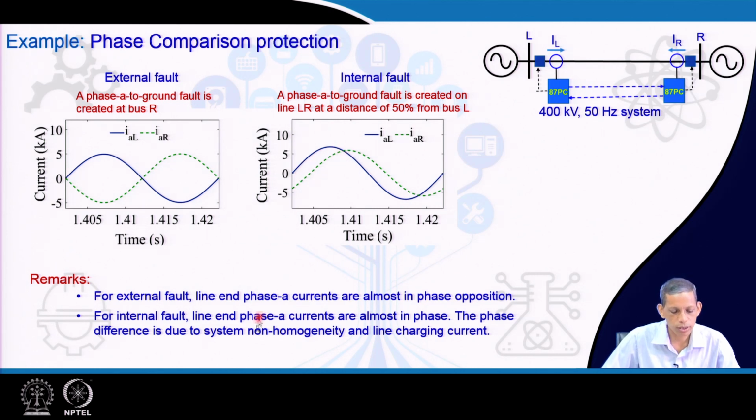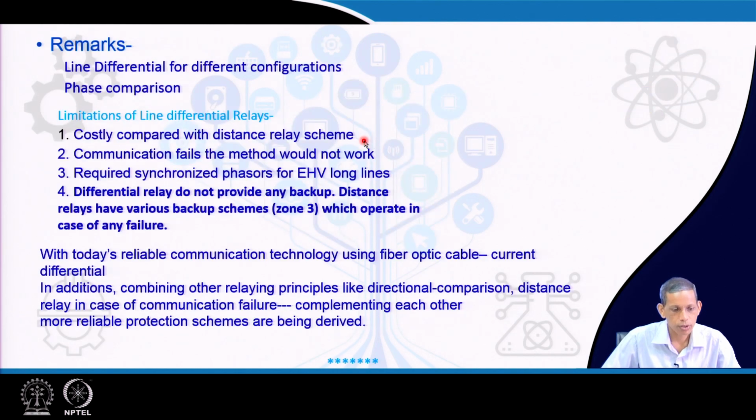This is due to the non-homogeneity and the line charging current, and that makes you consider some deviation in angle, but note that the phase comparison will still manage because of the coincidence time and the related phase angle, and the internal fault can be easily distinguished from that perspective.